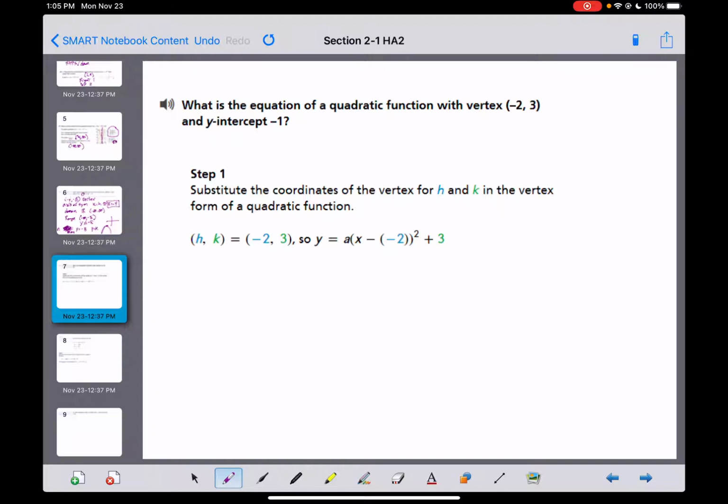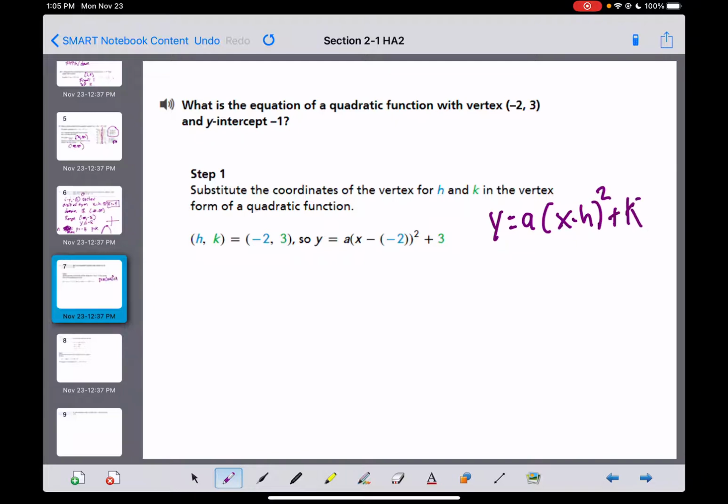So step one, you're going to substitute the coordinates of the vertex for h and k. We know our vertex is at -2, 3. So we can rewrite this, and remember our equation is y is equal to a times x minus h squared plus k.